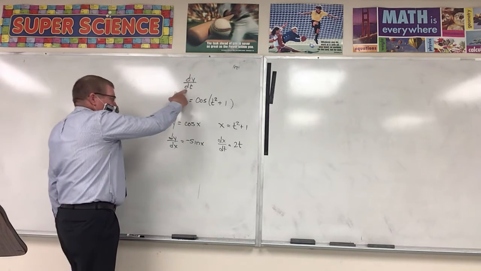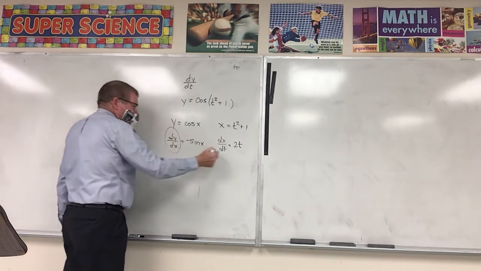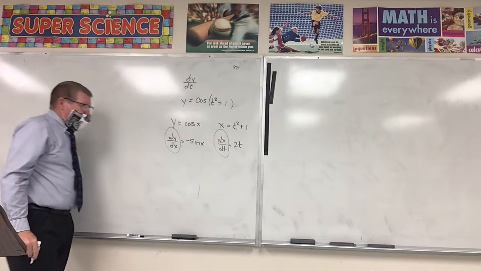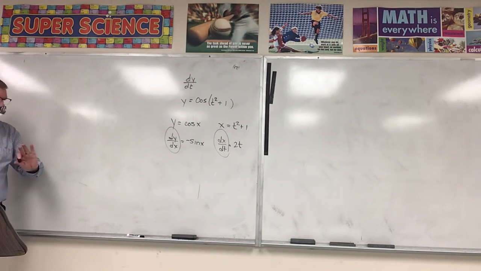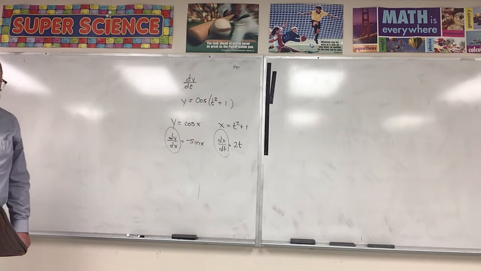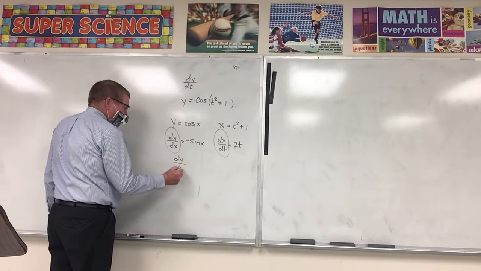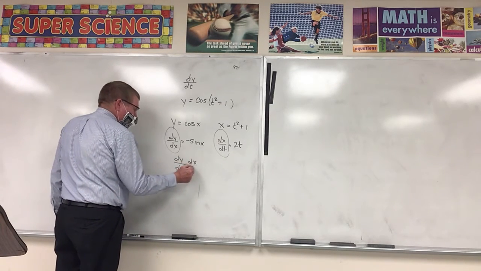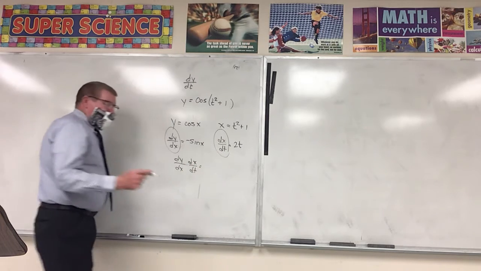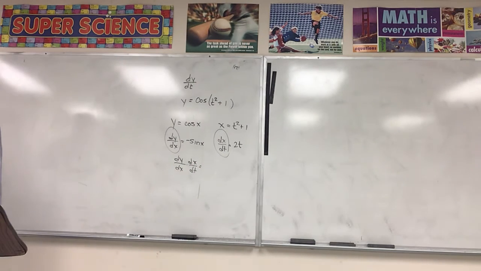But I want dy over dt. Well, if I take a look at these two parts here, how do I get dy over dt from dy over dx and dx over dt? You multiply them. My multiplication property of equality, if I multiply equals together, it doesn't change the equation any.